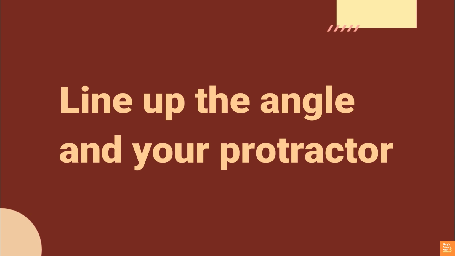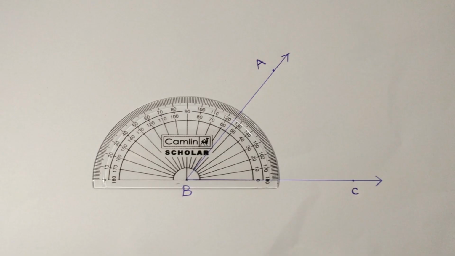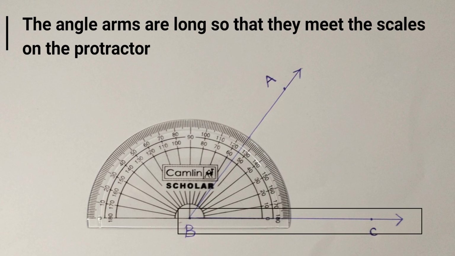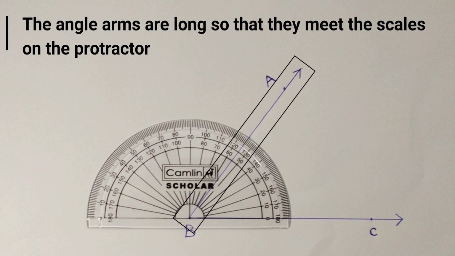Step 1. Line up the angle and your protractor. Place your protractor on top of the angle and make sure of the following. The angle arms are long so that they meet the scales on the protractor.